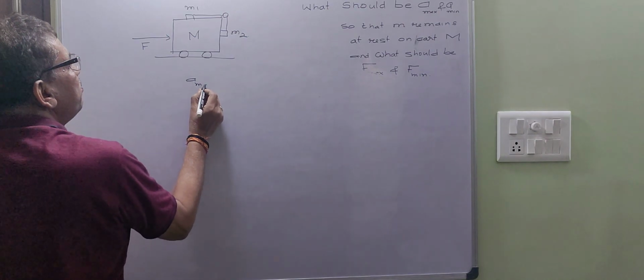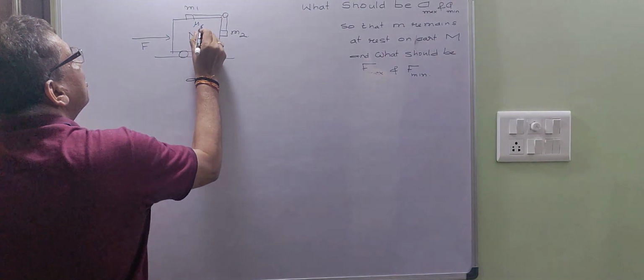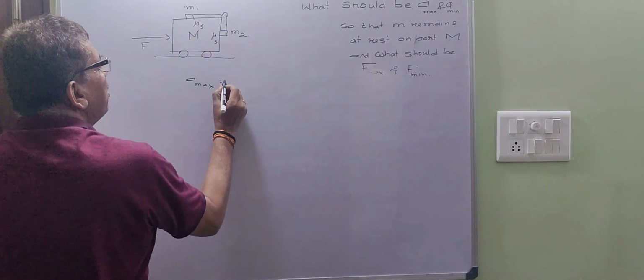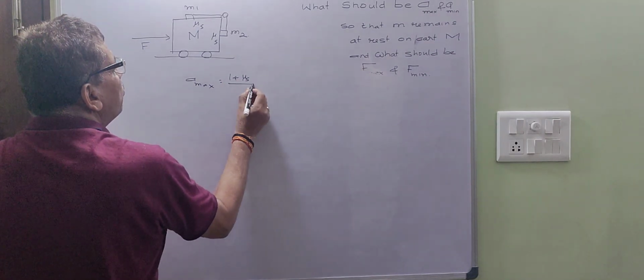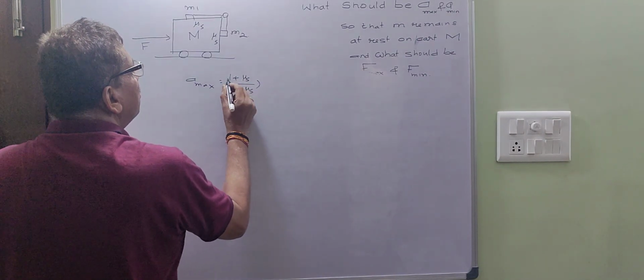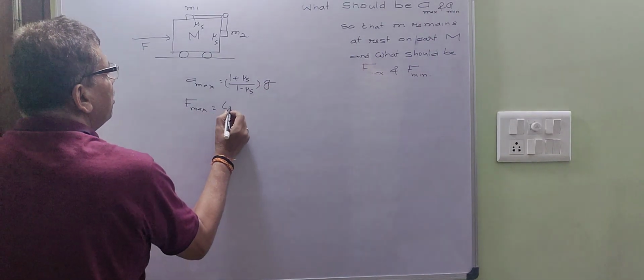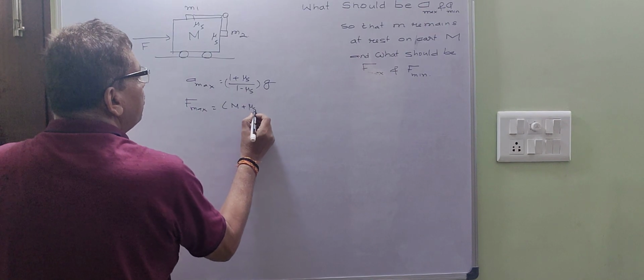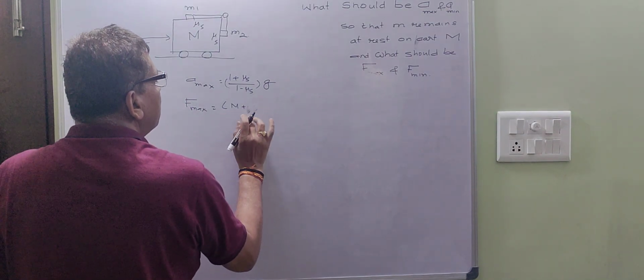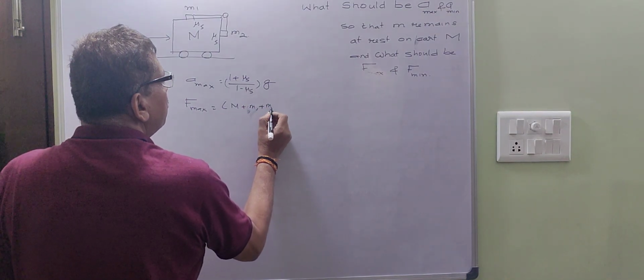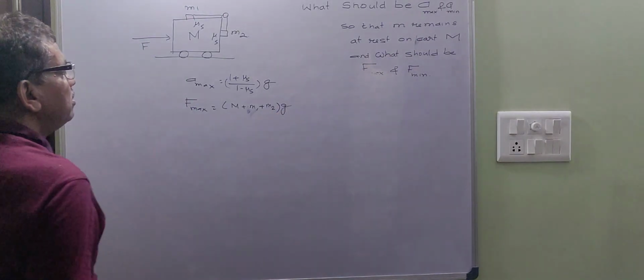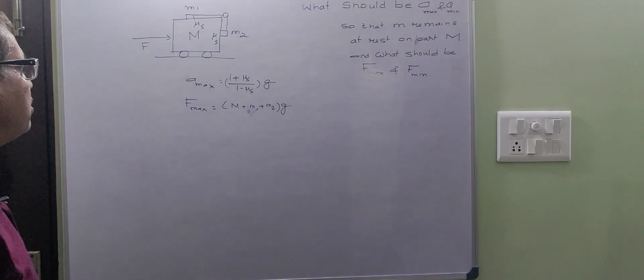The A max will be the same, (1 plus mu s) by (1 minus mu s) into g. But F max will change now. F max will be equal to (m plus m1 plus m2) times (1 plus mu s) by (1 minus mu s) into g. Is it? That will be the situation.